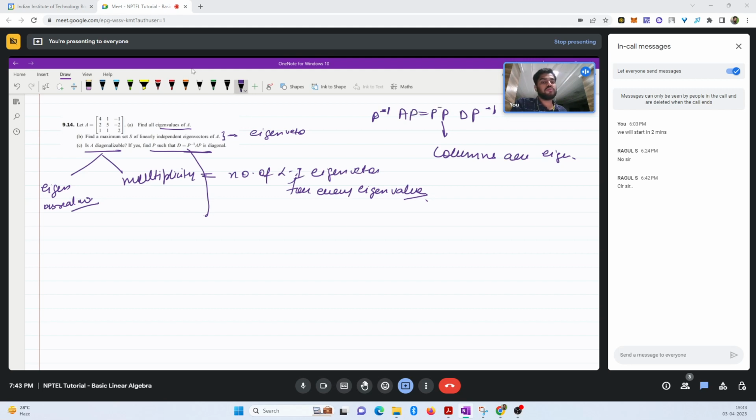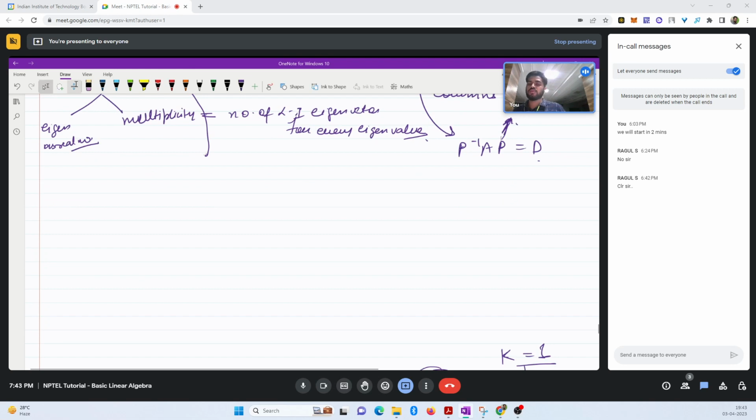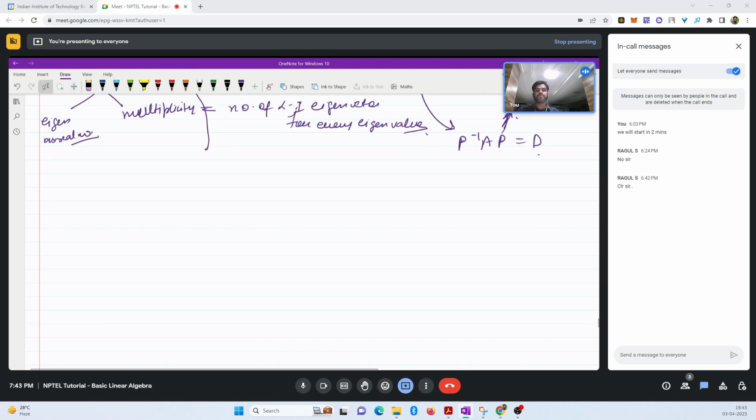So this would mean P inverse AP is equal to D. The way to find P is you write every eigenvector as a column of this matrix P. And probably I'll take a 2 cross 2 example so that the calculations are easy, and I'll show you how we can find such P.